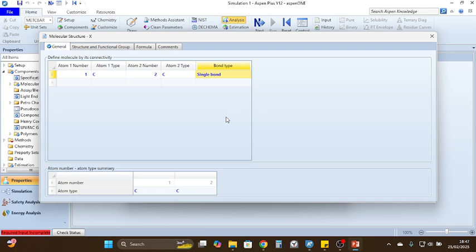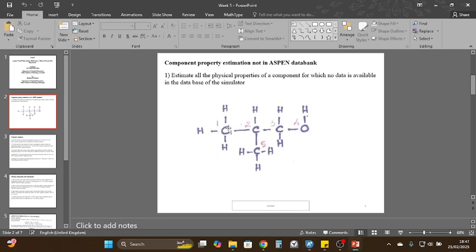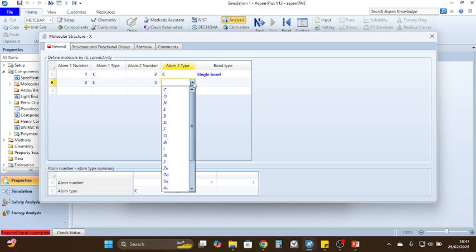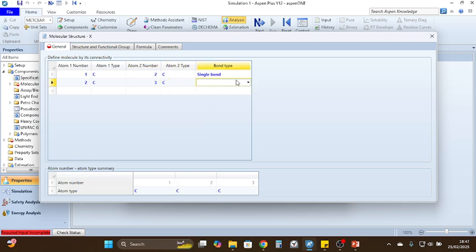Next we define this part, that is, carbon 2 is connected to the carbon numbered 3, which is also a carbon, by a single bond.